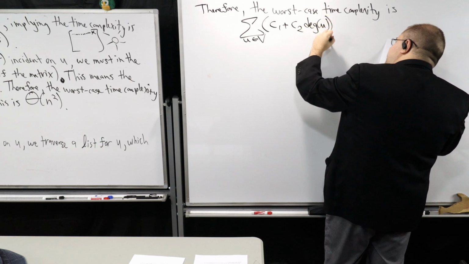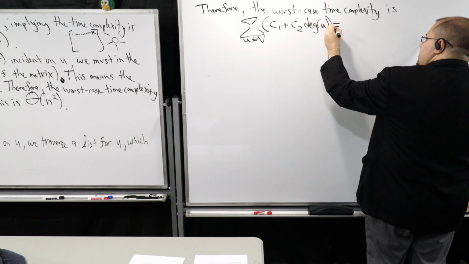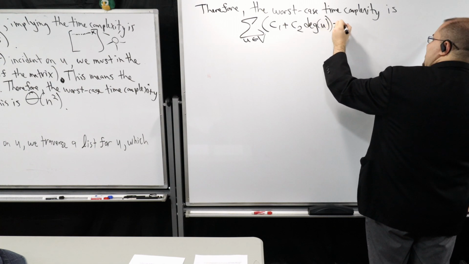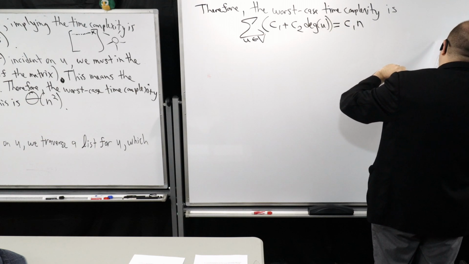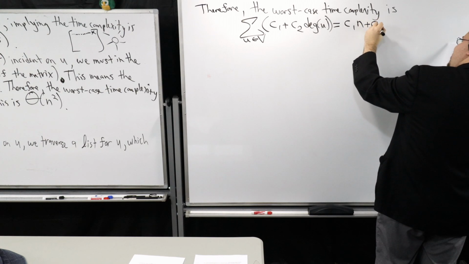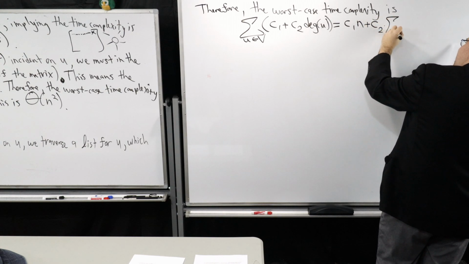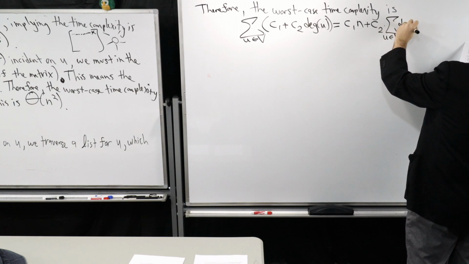That's what the number of iterations is going to be, the degree of u. If you go through this, there are n vertices, so I know it's going to be C1 times n. Then I have C2 times the sum over all the vertices of the degrees.